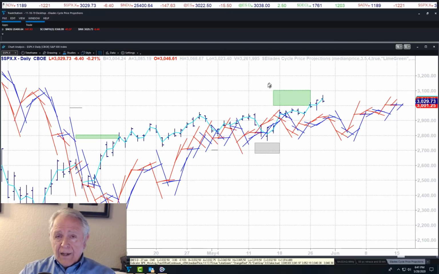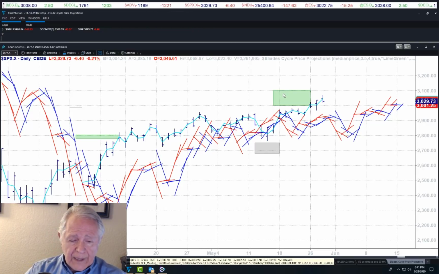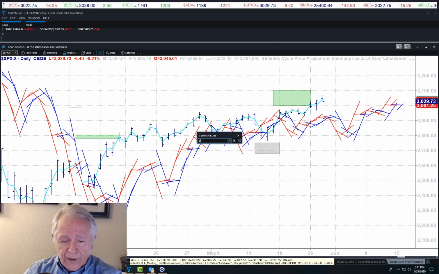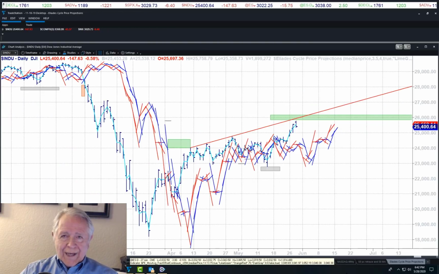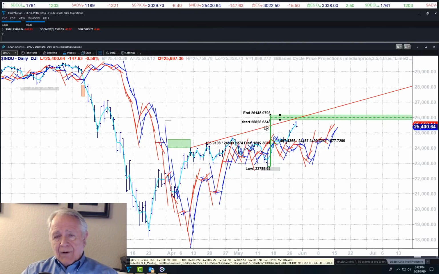In fact, if we do this same projection on the Dow, I believe it's still fallen a little bit short. Okay, here is the Dow, and this is a nominal 5-week projection. Offsets are 12.1, 13.8, and they call for 25,829 rounded off, to 26,145. On the Dow, it came really close today.